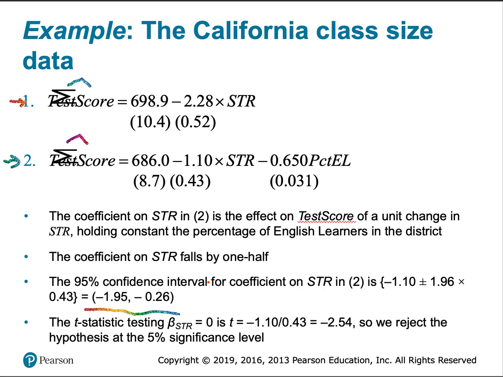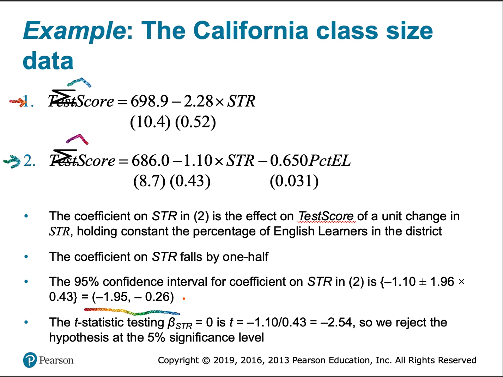So we can say that we are 95% certain that the true coefficient on the student-to-teacher ratio will fall between negative 1.95 and negative 0.26 based on our sample and this sample regression. And because this confidence interval does not contain 0, this OLS estimate is statistically significant.